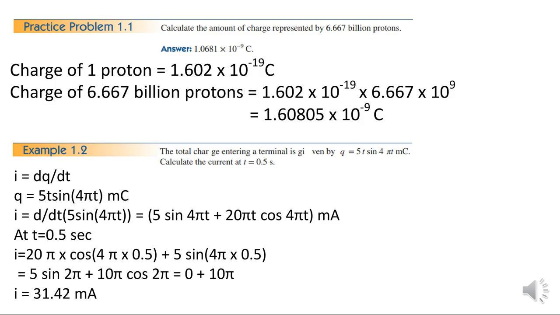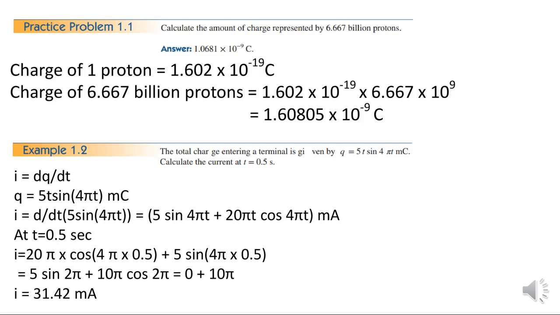On differentiating the sine function, we get a cos function, 5t cos 4πt, and on differentiating the inner function of the sine function, we get 4π. So 5t × 4π cos 4πt plus, keeping sin 4πt as constant, we differentiate 5t, which leads to 5 sin 4πt + 20πt cos 4πt milliamperes. Current is measured in amperes.